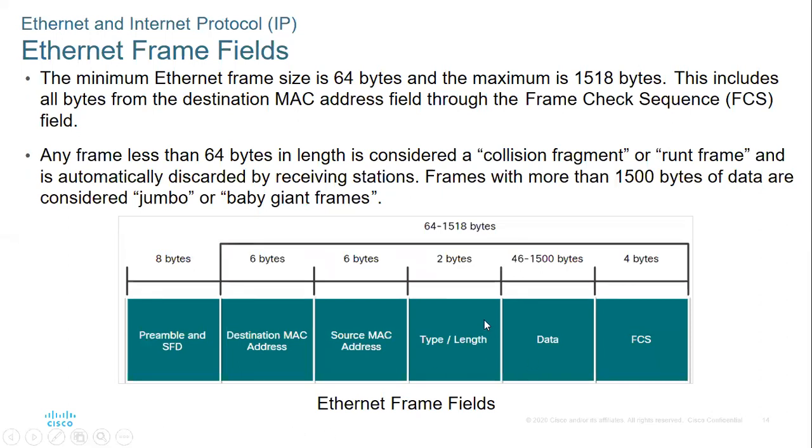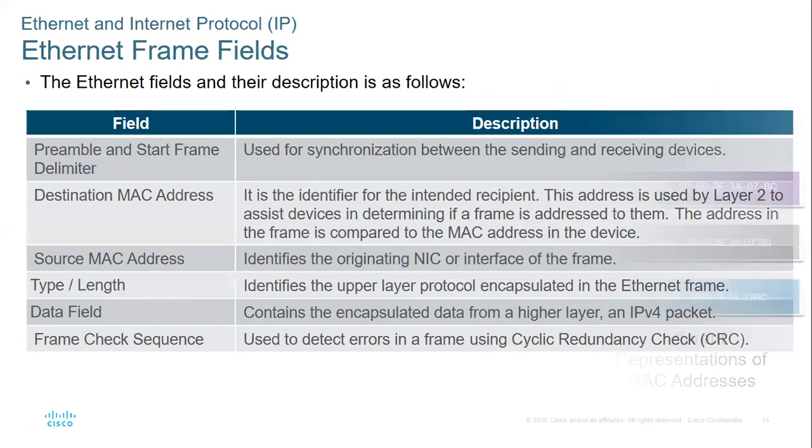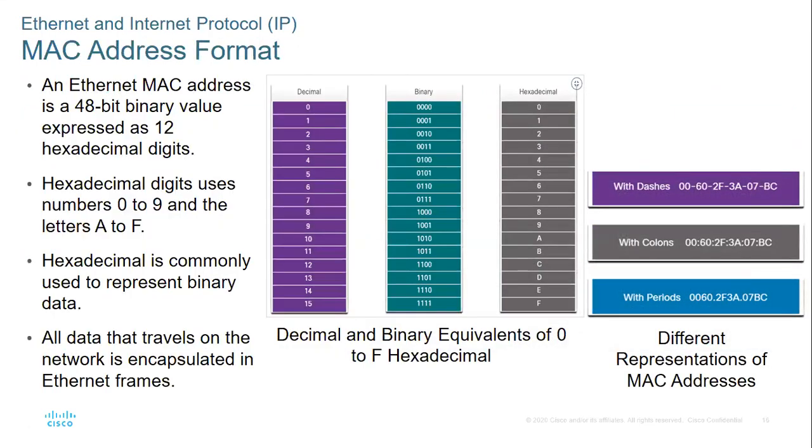So that one covers the length and type. And then we have data, which is the actual data which has to be moved. And then we have the frame check sequence, which is used to check for errors in the frame. Okay, so we did all this.